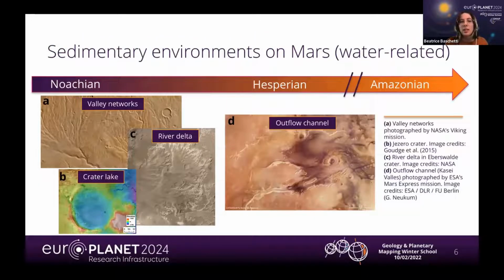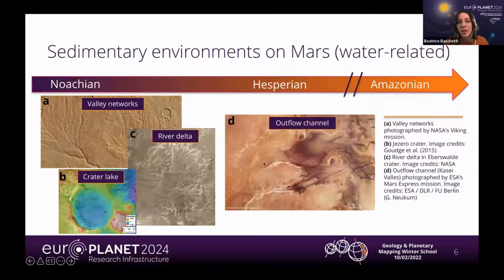So also the sedimentary environments of Mars have changed during the epochs. And here I put some examples of water-related sedimentary environments. During the Noachian, we have, for example, valley networks and then lakes, crater lakes, and river deltas, as you have also seen from the presentation of Monica.